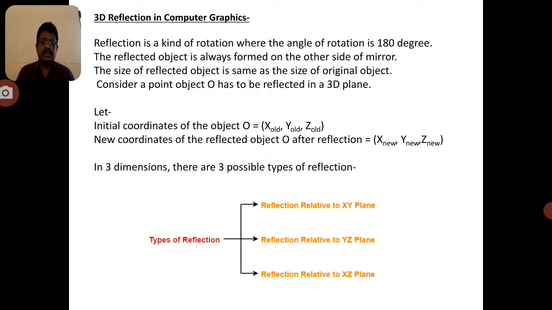The first is reflection relative to the xy plane, the second is reflection relative to the yz plane, and the third is reflection relative to the xz plane. These three are the considerable types of reflection in the 3D plane.